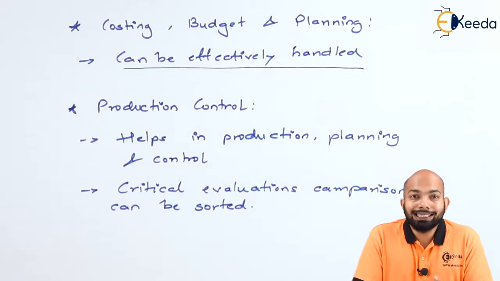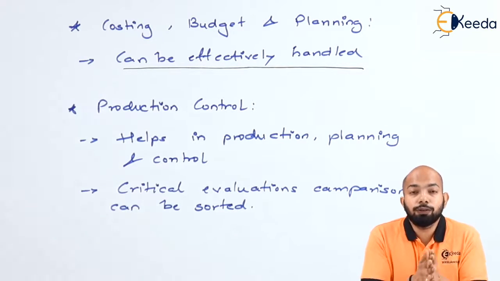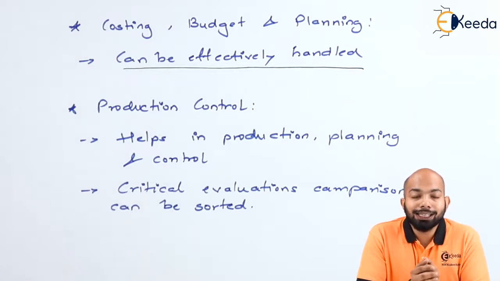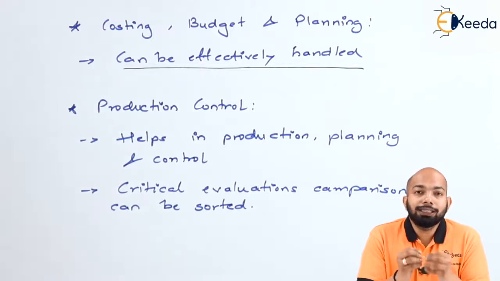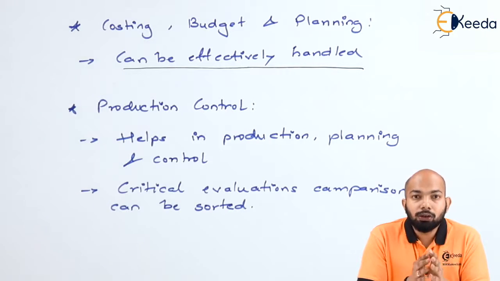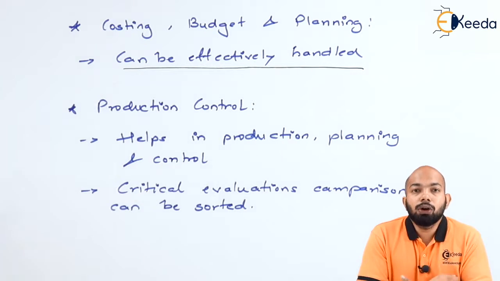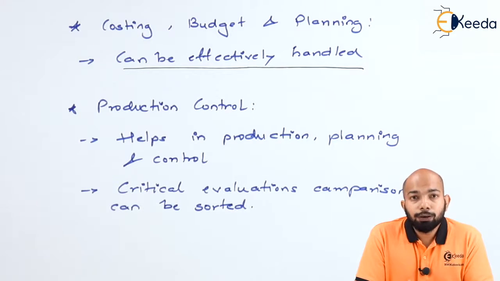If all these three things are effectively handled using a computer application system, it becomes very easy for you to organize your organization in such a way that it gives only efficiency, so that there is less loss, or loss can be mitigated to the maximum possible extent. Once you know how to deal with all these things, you will go ahead and see how budgeting, planning and costing can be analyzed. So the first part that we'll be analyzing is costing.